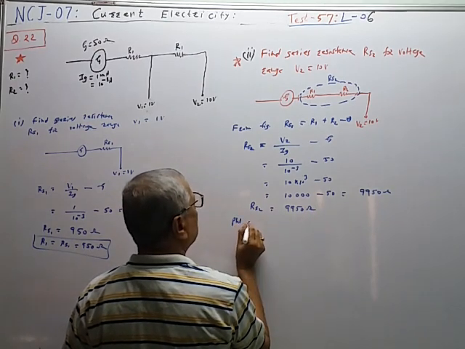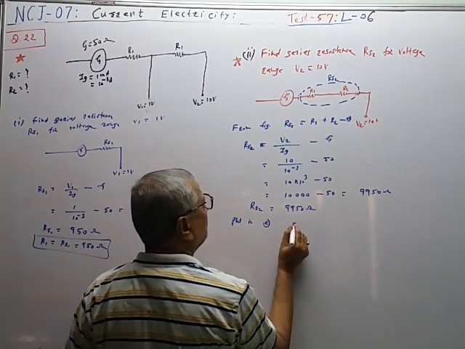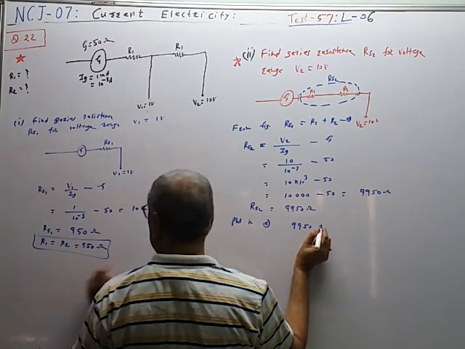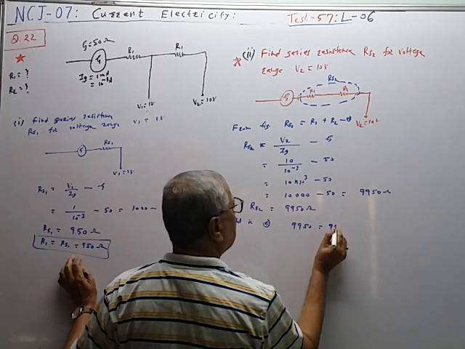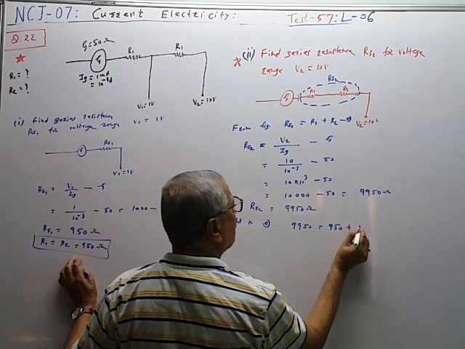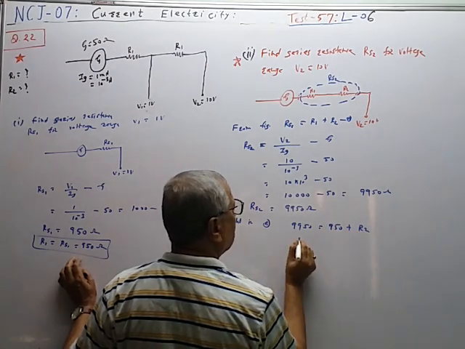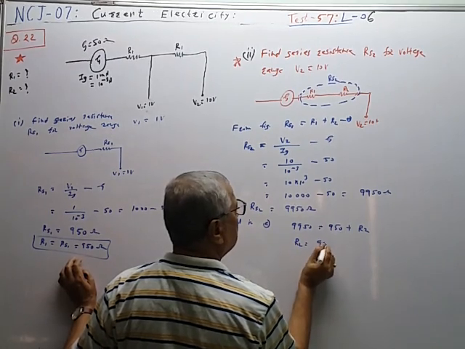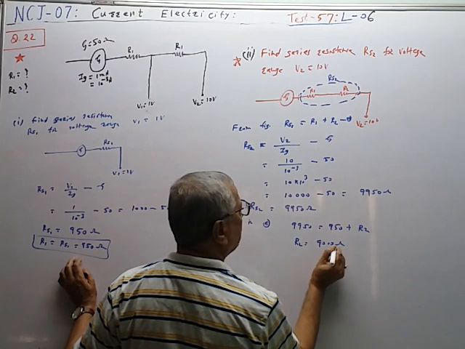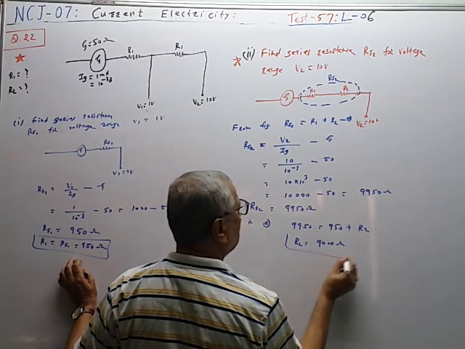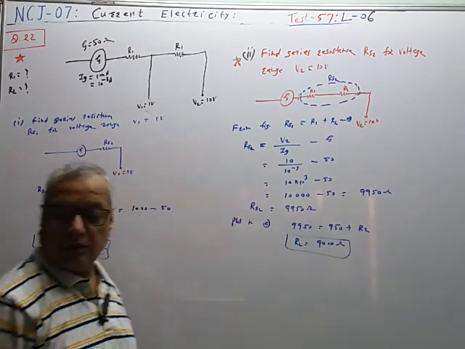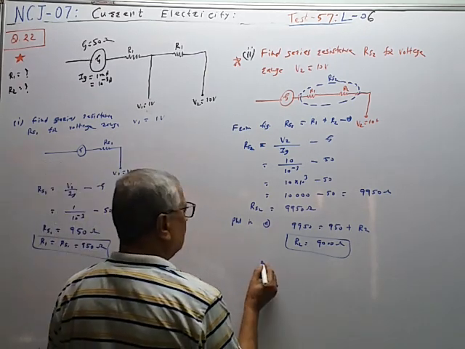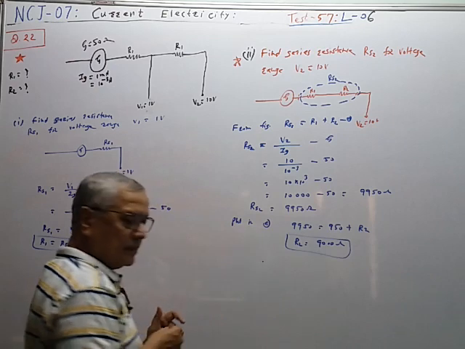Put in equation A: 9,950 is equal to R1 we have calculated 950 plus R2. And therefore R2 is equal to 9,000 ohm.